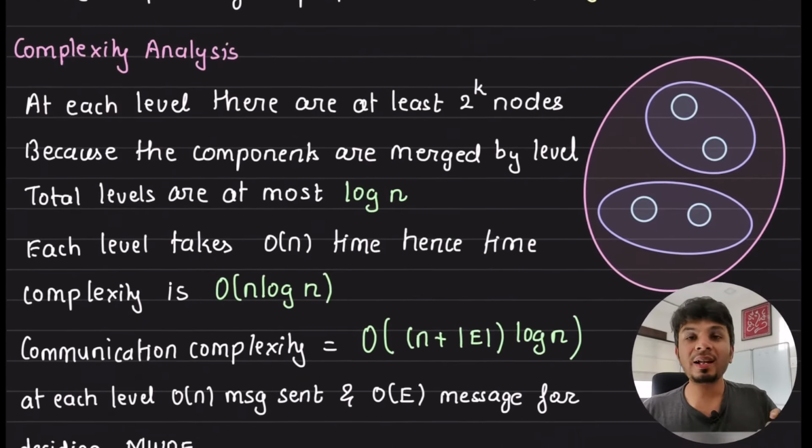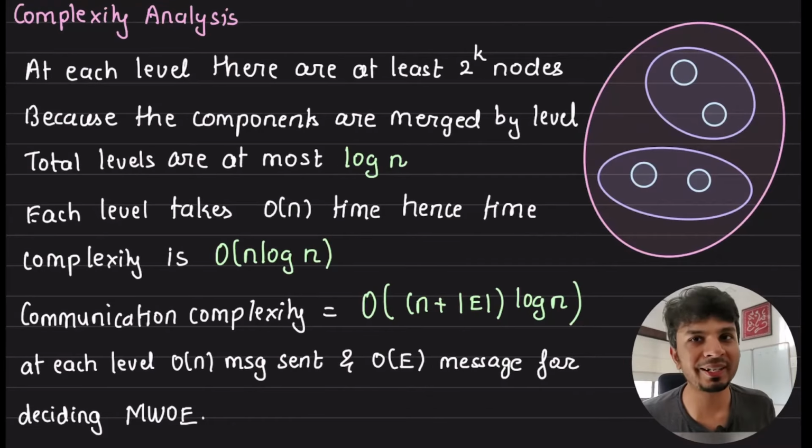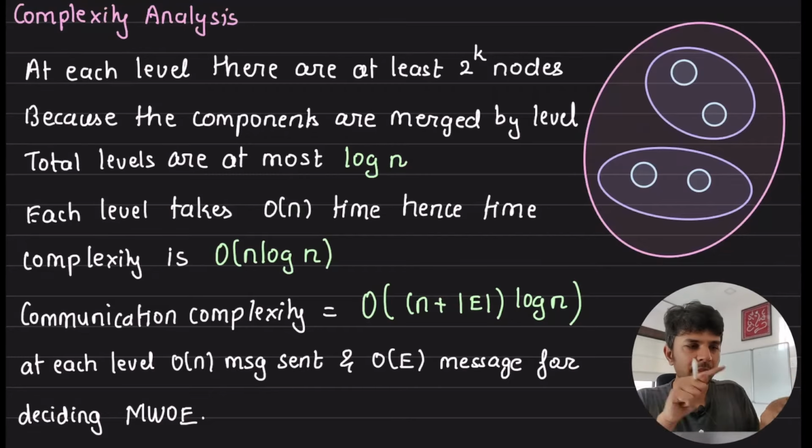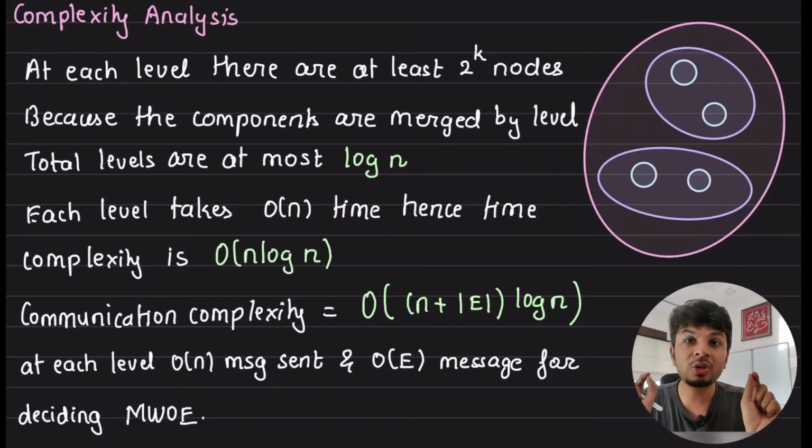Right? Okay. Now let's do the complexity analysis of this particular problem, because it's extremely important, because in a distributed system, network communication is extremely costly. If we think about the complexity analysis, we know that at each level, because we are merging and merging, you would have at least 2^k nodes.